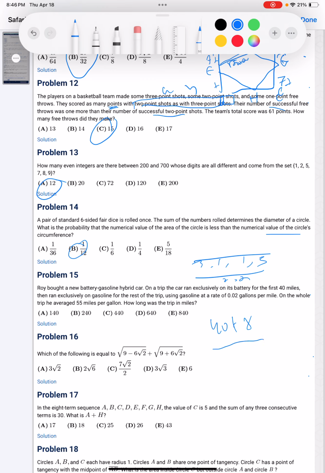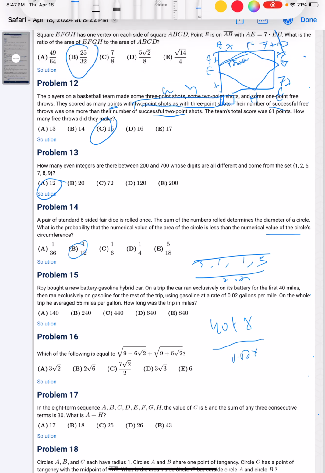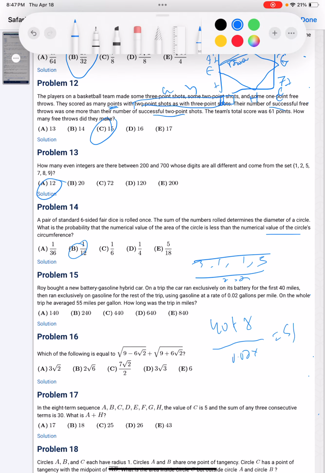And then we're going to divide by the total number of gallons, which is going to be 0.02 times x, because gallons are only used in the gasoline part. And it's going to average out to 55. So, right?